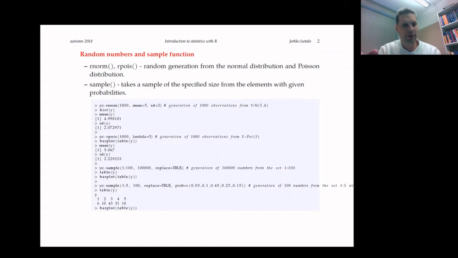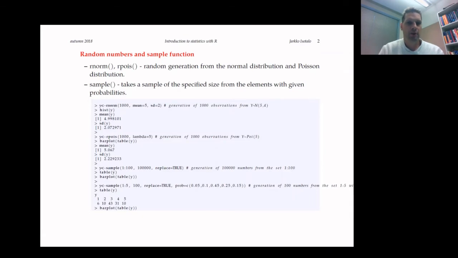There are a lot of different distributions in statistics, and for each of these distributions you can pretty much find, if it's not already in base R, then a package where you can find how to use those distributions which you may need in your research or studies or in a workplace.